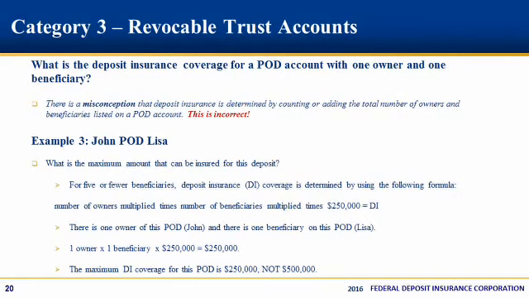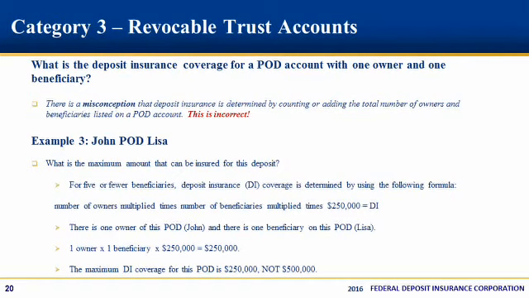This example illustrates perhaps the single biggest misunderstanding we hear again and again in calculating FDIC deposit insurance coverage for revocable trust deposits. The misunderstanding or confusion is that depositors want to allow $250,000 for John plus $250,000 for Lisa for a total of $500,000.